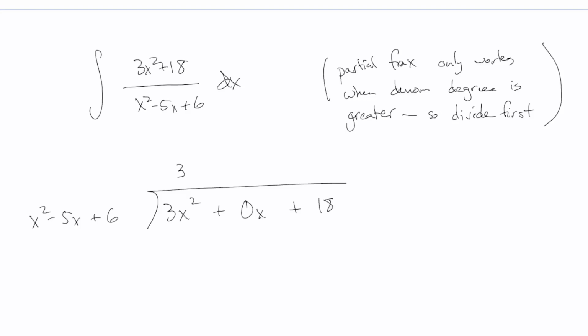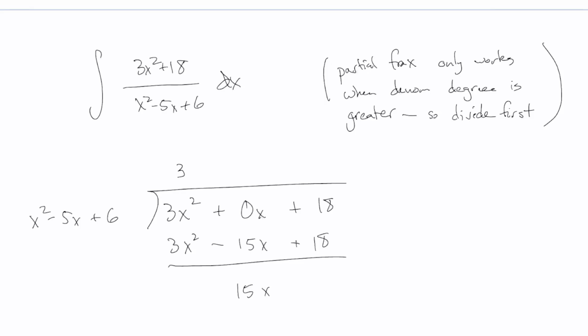Next step, multiply 3 times that other thing and write it down below. So it shall be 3x squared, minus 3 times negative 5x is negative 15x, and then 3 times 6 is 18, that's plus 18, right? And then we subtract. The 3x squareds cancel. In the middle I have 0 minus negative 15, so that's positive 15x.